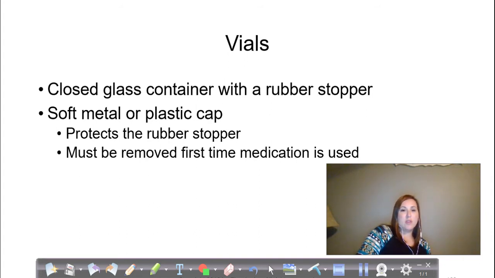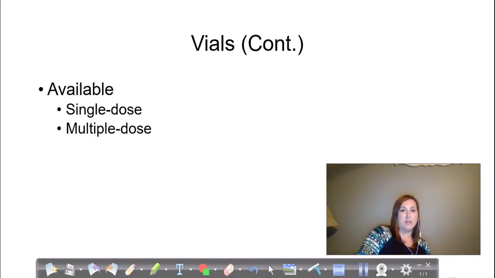So this metal or plastic cap is what I usually see. Under that plastic cap, you just flip it off, and then there's a rubber stopper. And you have to take that cap off, of course, to access the medication.